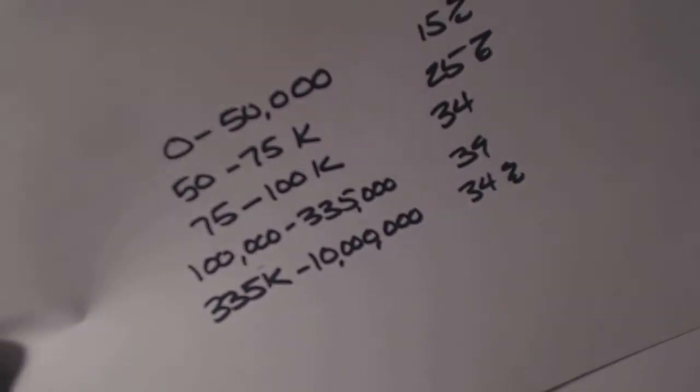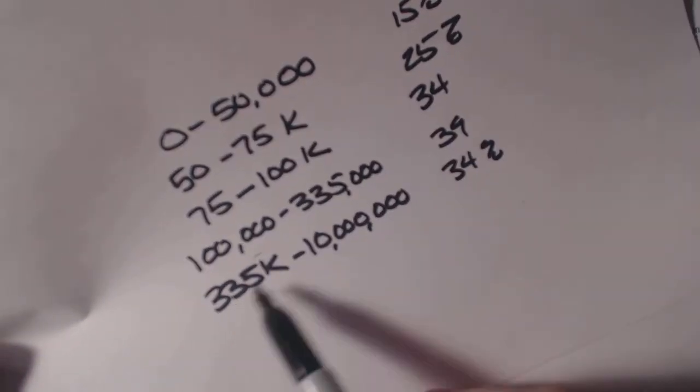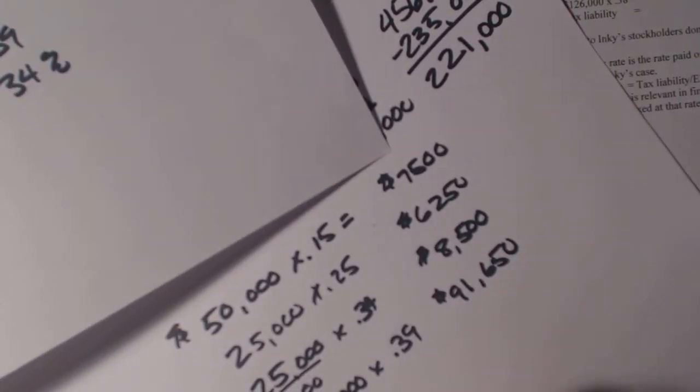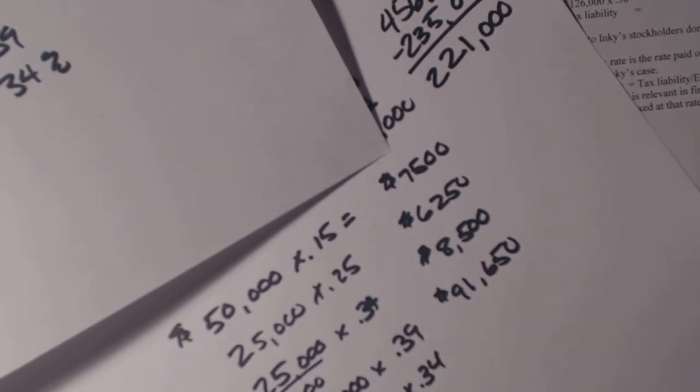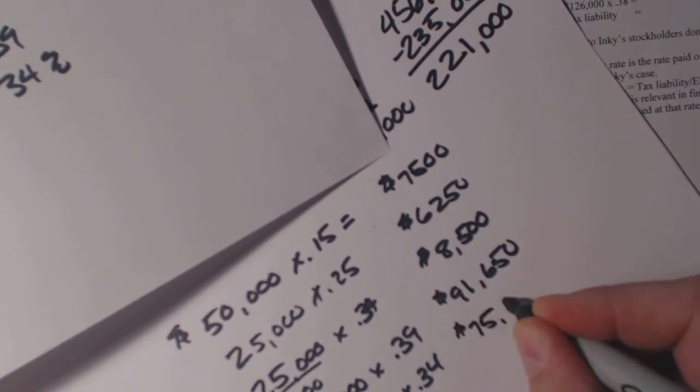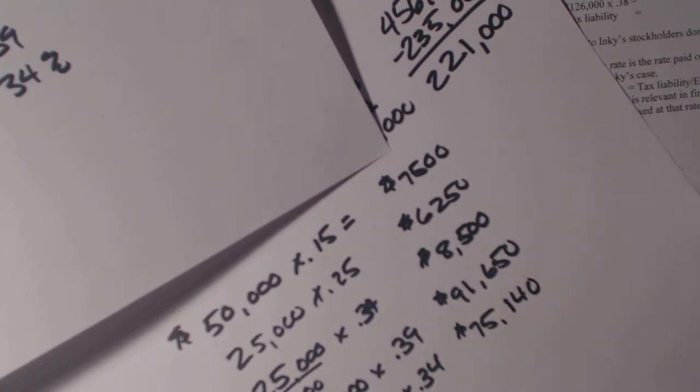Well, let's take a look at our category again. Anything between 335 and 10 million is at 34%. So we have 221,000 times 0.34. I'm just going to put this in my calculator. That comes out to be $75,140.